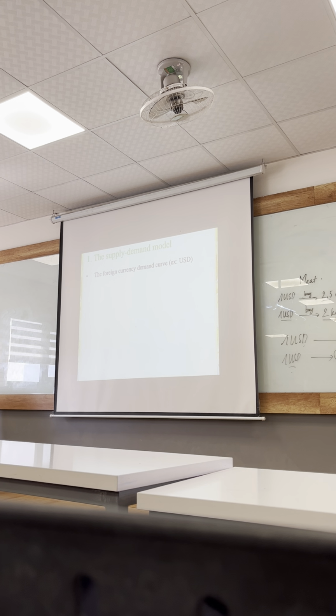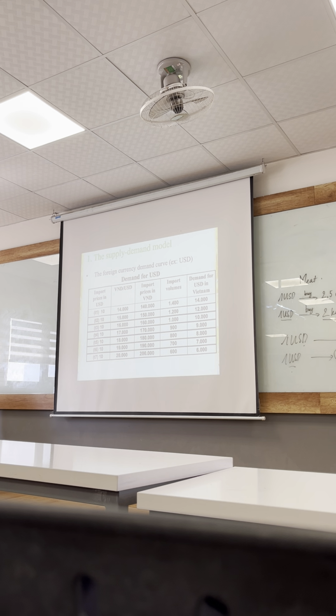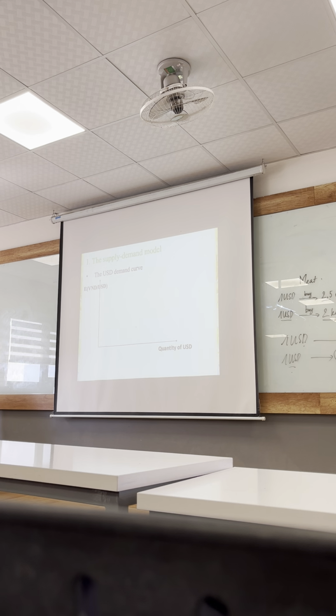We call it a demand curve, however we usually use a line to calculate the relationship between quantities and price more easily. Here we have the demand curve, and actually it is a line.